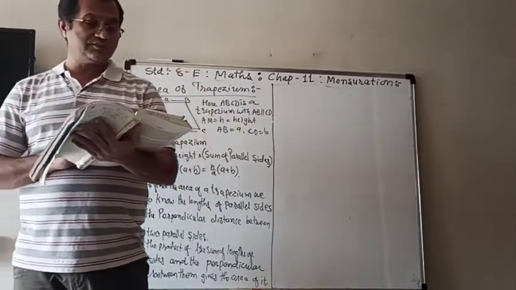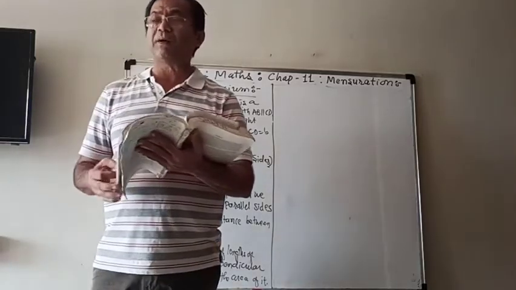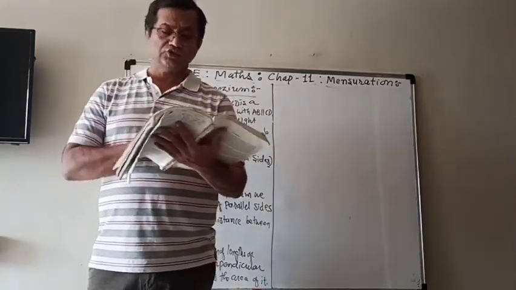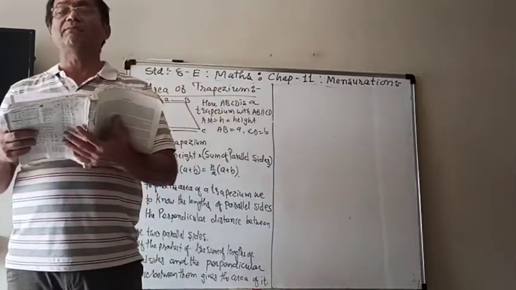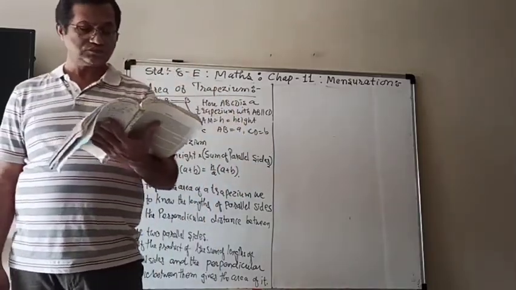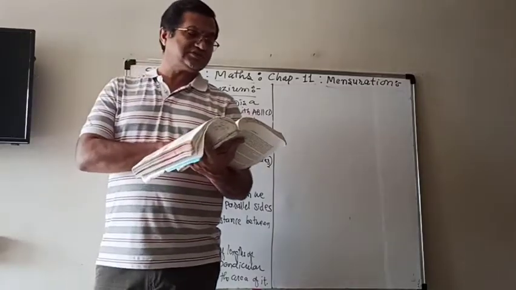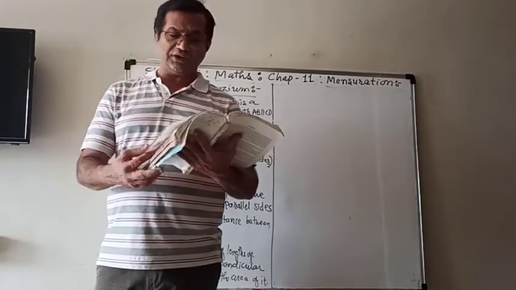Sometimes we have to divide the figures into parts to find the area of that combined figure. So let us start with the area of a trapezium.